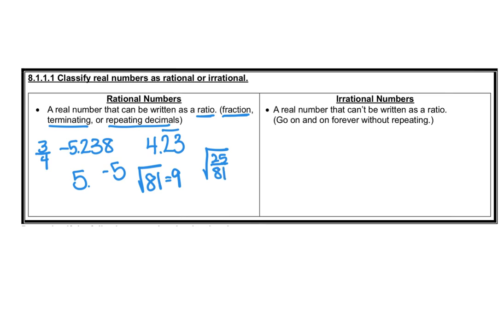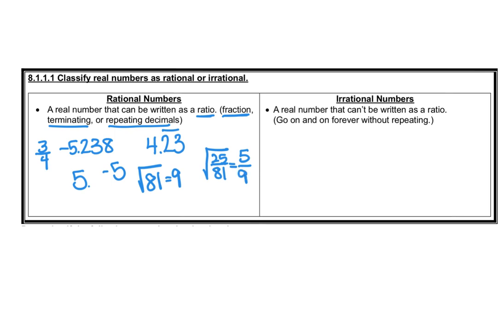When you evaluate these fractions by taking the square root of the top number and the square root of the bottom number, and if they're both perfect squares, then we know that this is going to be a rational number. So the square root of 25 is 5, and the square root of 81 is 9.